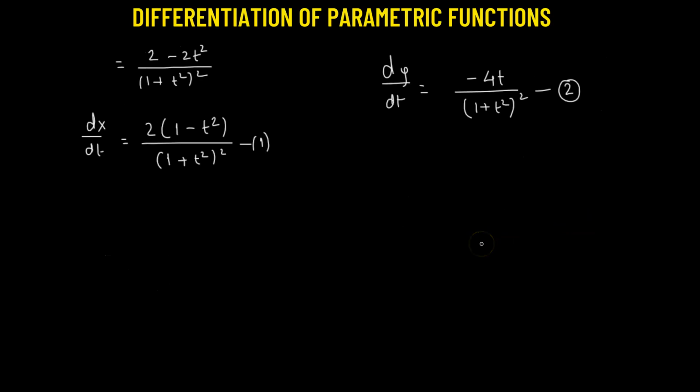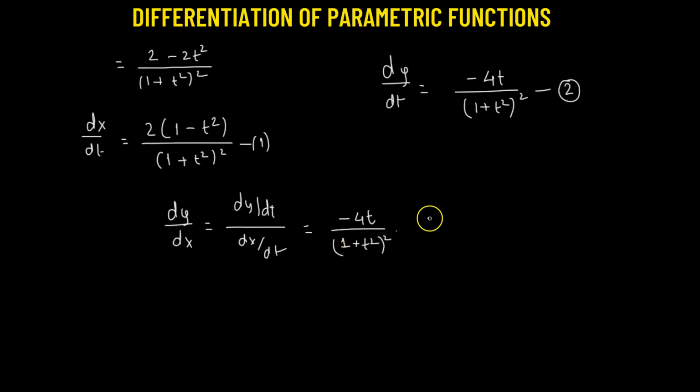Now, to obtain the derivative of y with respect to x, we divide the derivative of y with respect to t by the derivative of x with respect to t. That means we have negative 4t divided by 1 plus t squared whole squared.